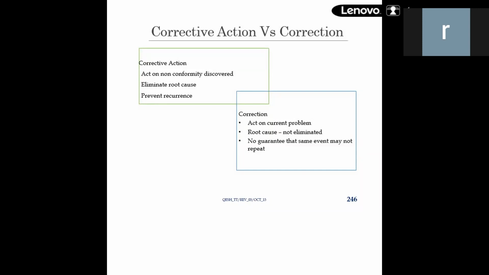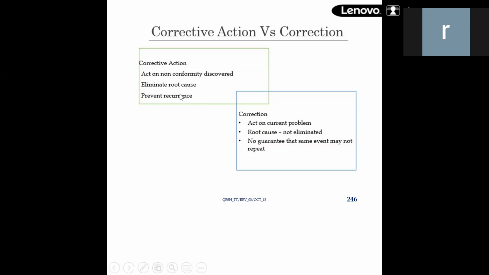Let's say a pipe is leaking. They may stop it or cover it. That is a correction, maybe a temporary stop, but future leaking we don't know. So we have to find out where the pipe was connected, why it leaked, and who caused the damage. Then you make a preventive action. That is called corrective action.